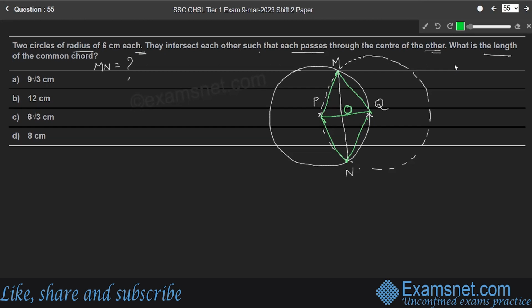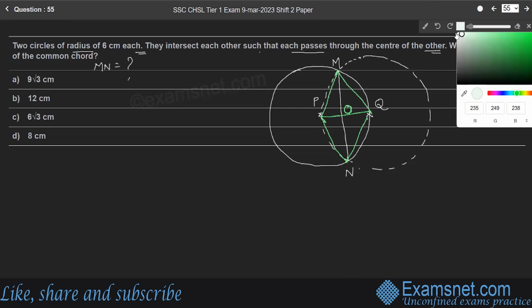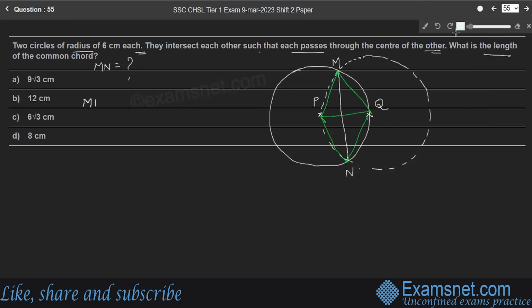Now, we'll take MP. MP is equal to PN. These two are radii of the first circle, which is 6 centimeter. Whereas MQ is equal to QN, which is also 6 centimeter, because both the circles have the same radius. Therefore, MP is equal to MQ, which is 6 centimeter. Now join PQ.